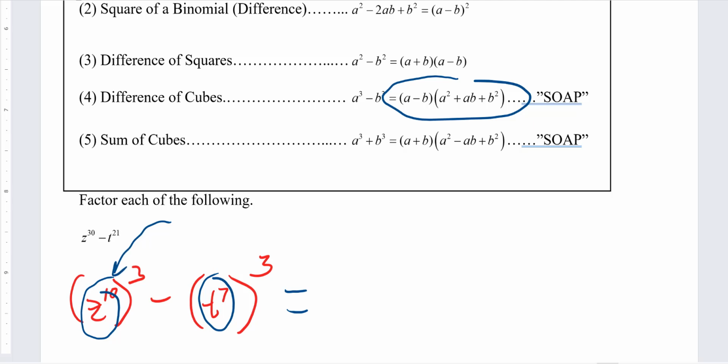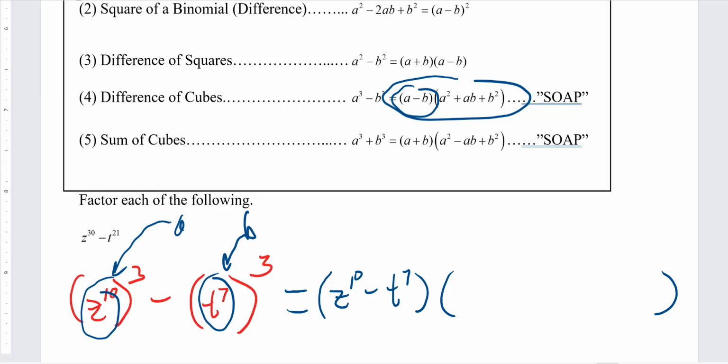The thing circled in blue is A, and the thing circled in blue here is B. So everywhere you just put those things in place of the A and the B. So the parentheses is supposed to have the A minus the B, so we take A, which is z to the 10th, and we do minus B, which is t to the 7th. In the second set of parentheses, you're supposed to square the A. So we take our z to the 10th, and we square it.